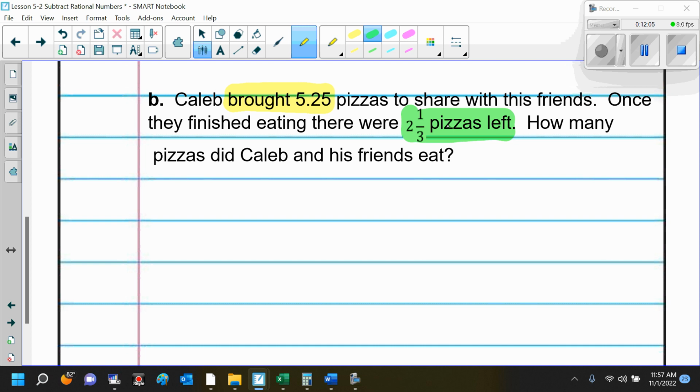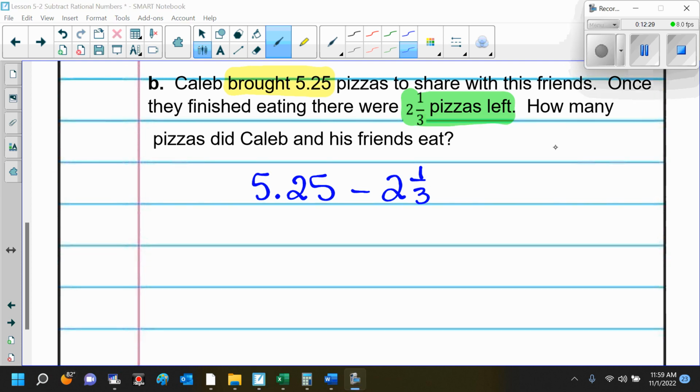So is this addition or subtraction? And what are we subtracting? 2 1/3. All right, so good. We are subtracting 5.25 minus 2 1/3. Is everybody with me? Now, all right, so here we're going to change from decimals to fractions because look at 1/3.